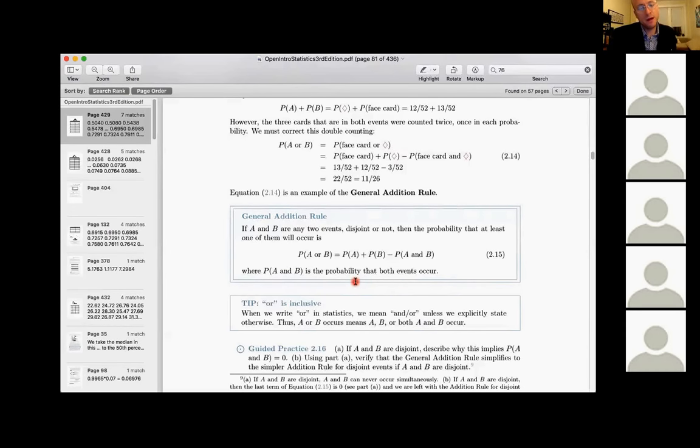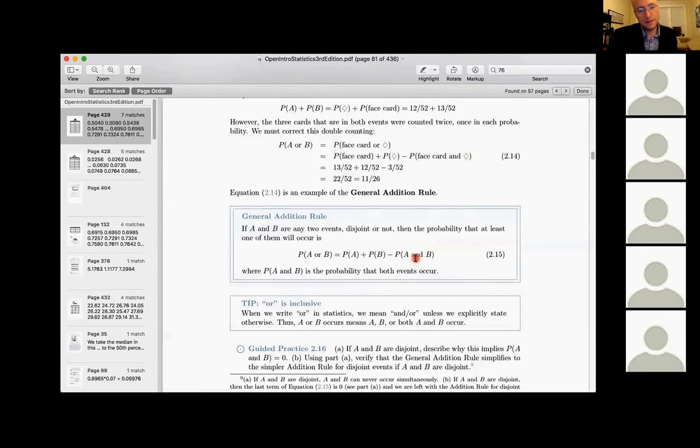So if we ask you for the probability of A or B, and you infer that they are not disjoint, and even if they're disjoint, you could use it. But let's say they're not disjoint, you're going to take the probability of one plus the probability of the other minus the probability of both.